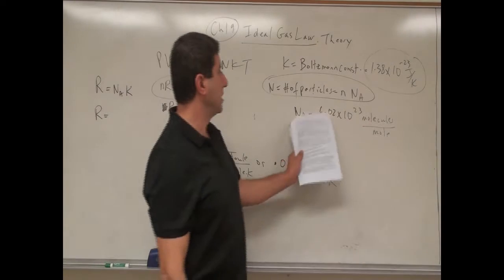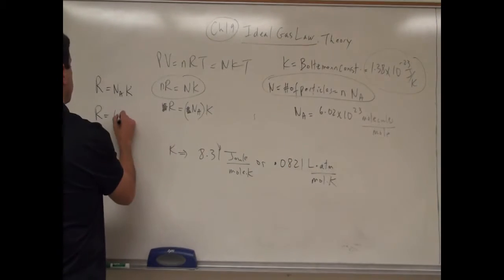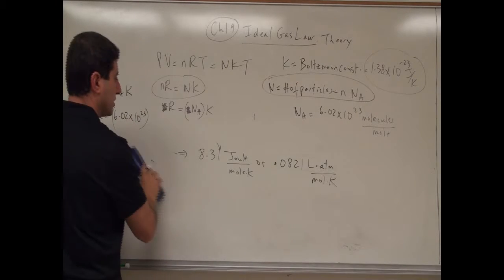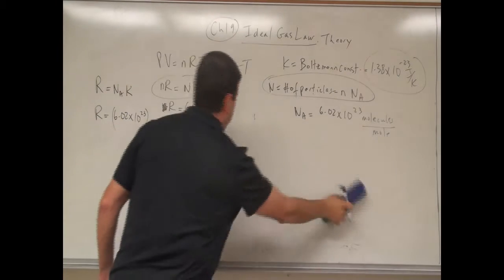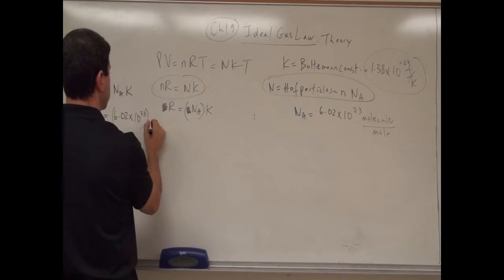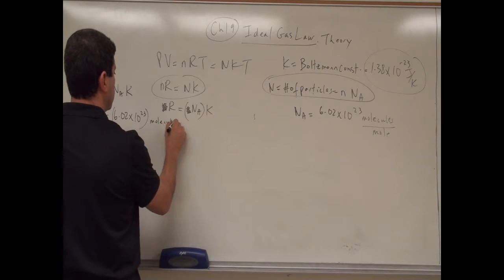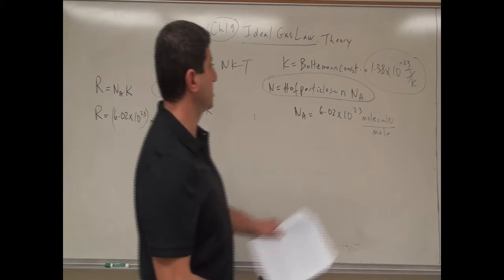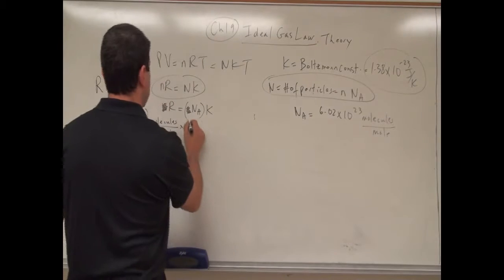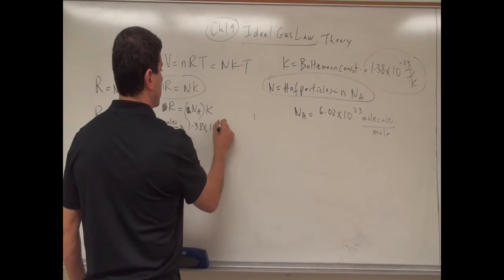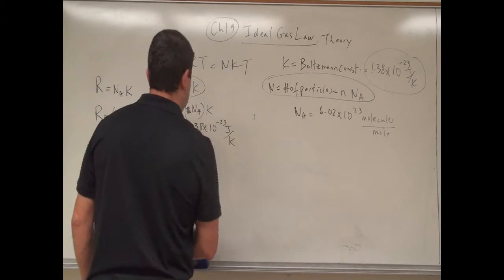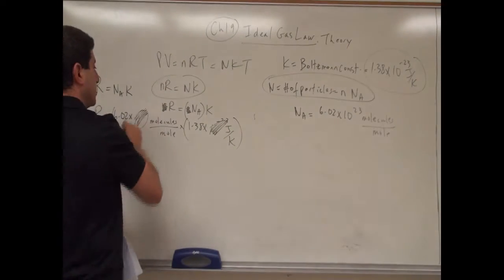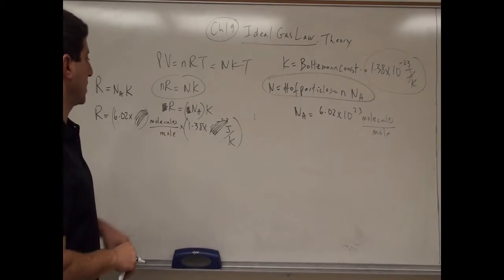So let's see what we get. If we multiply Avogadro's number, 6.02 times 10 to the 23, with units of molecules per mole, times Boltzmann's constant, which is 1.38 times 10 to the minus 23 joules per Kelvin, the 10 to the minus 23 and the 10 to the 23 cancel each other, and we get 6.02 times 1.38.